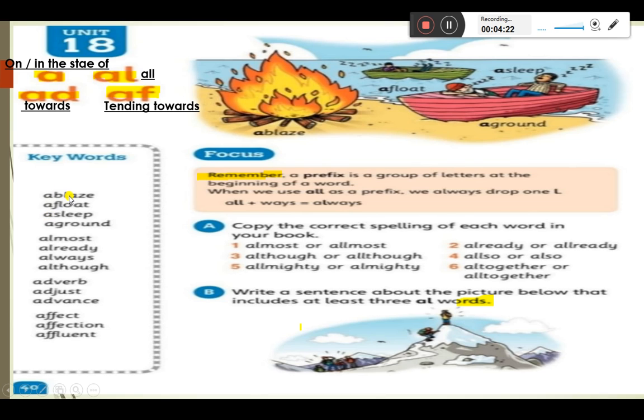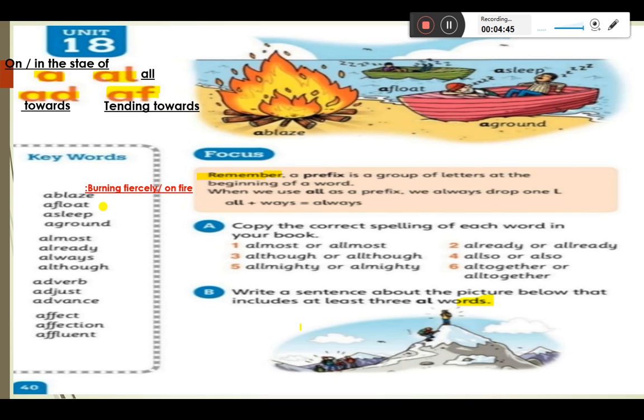Okay, so let's start by reading the first group of words with the prefix a at the beginning. So we have blaze, and when we put a, it would be ablaze. What do we mean by the word ablaze? It means that something is burning fiercely or on fire. The second one, afloat. Float and afloat.